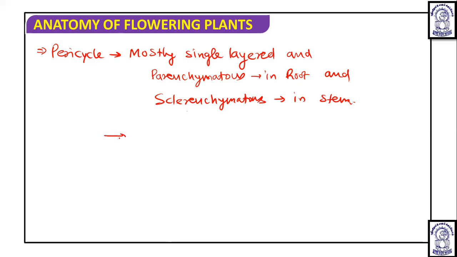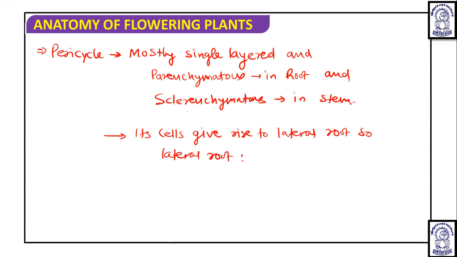Now these pericycle cells give rise to lateral roots, so lateral roots are endogenous in origin.